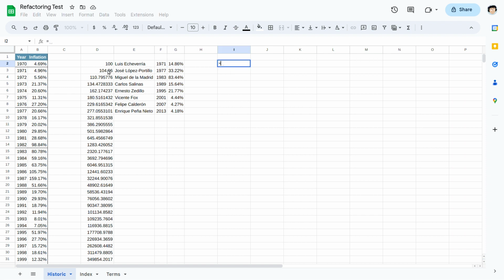Like if I multiply each one of these terms, but 1 plus that, 1 plus the second number times 1 plus the third times 1 plus the fourth times 1 plus the fifth times 1 plus the sixth.